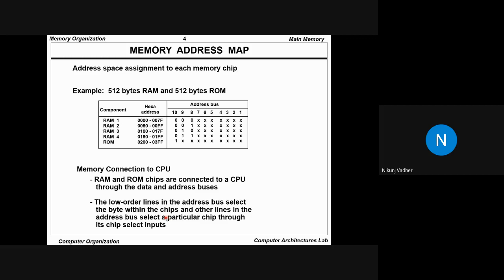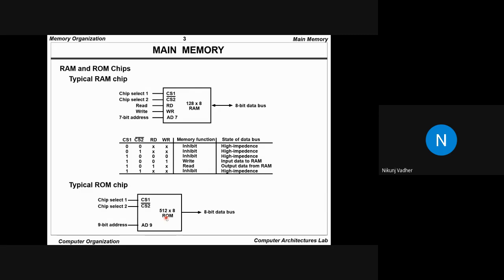If you look at the previous chip, we have a chip of 128, so we require 4 chips of RAM, and 1 chip for ROM of 512. Let me explain how we can prepare the address map for this.